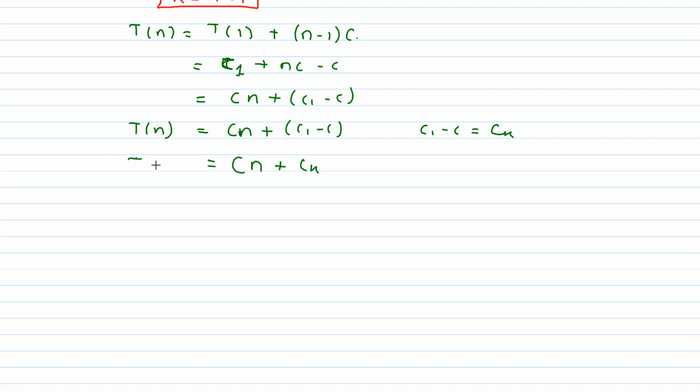So now we have T of n equal to cn plus ck. Let's say ck is a constant, right? So this is a constant time. To solve this part of the problem you need constant time, and to solve this part we need a time of size n.